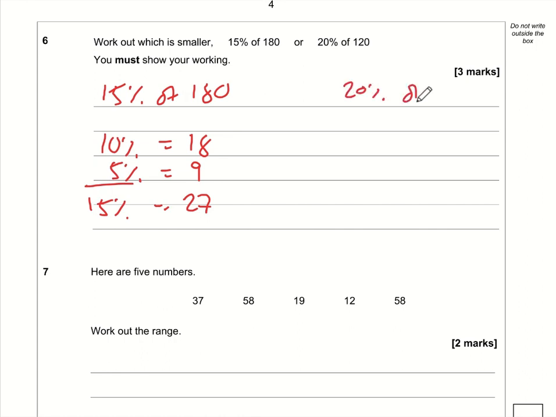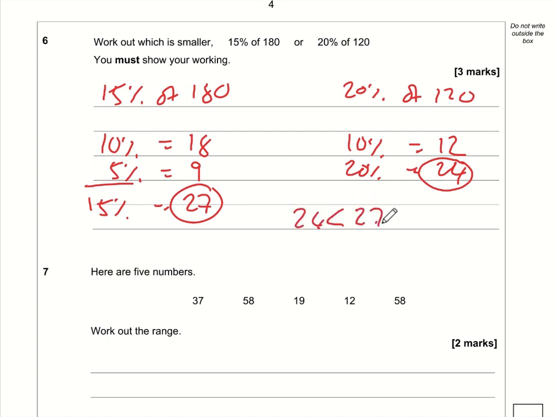Here we're working out 20% of 120, where 10% is going to be 1/10 of that, which is 12. 20% is going to be double that, so 24. So which is smaller? Well, we can see 27 is bigger than 24, so 24 is less than 27, so 20% of 120 is smaller. Might put those words in just to be completely clear.